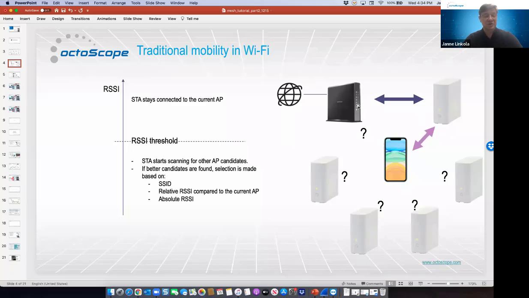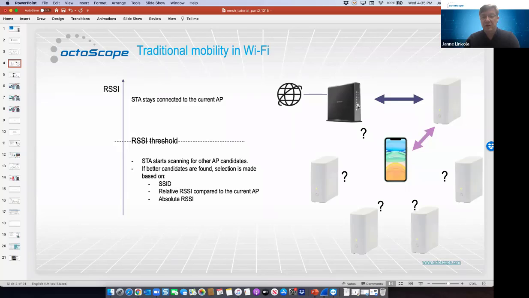And of course, the challenge is that traditionally in Wi-Fi, the station is the only entity involved in making roaming decisions. Usually these algorithms are very, very simple. Basically, they just look at RSSI and choose the access point with the highest RSSI as the one they connect to. Now there's some stickiness involved as well, and some stations are very sticky. But anyway, with mesh Wi-Fi, that logic is just not enough.